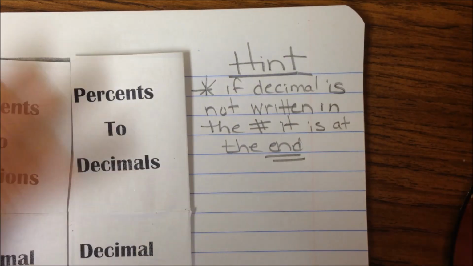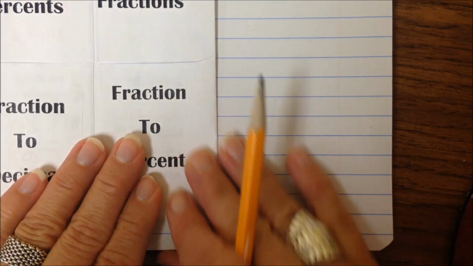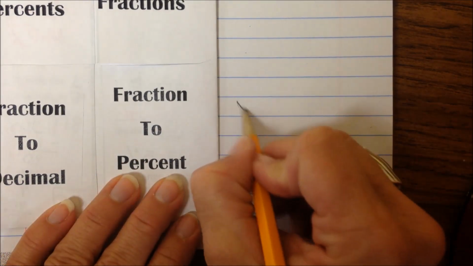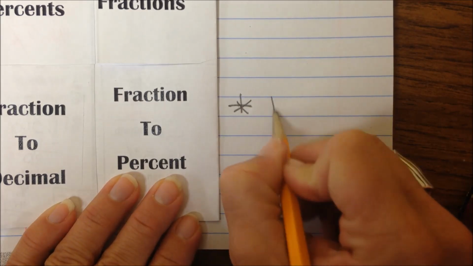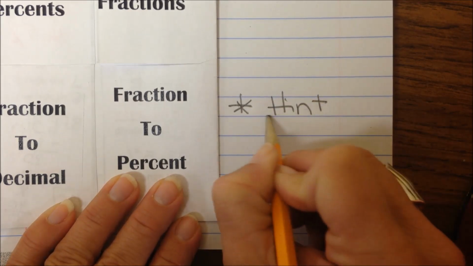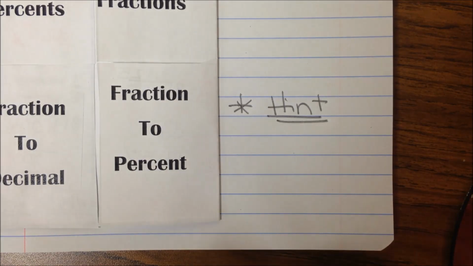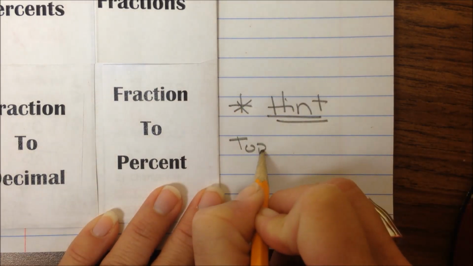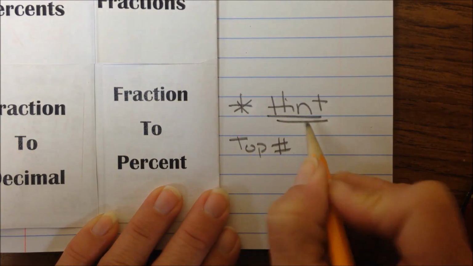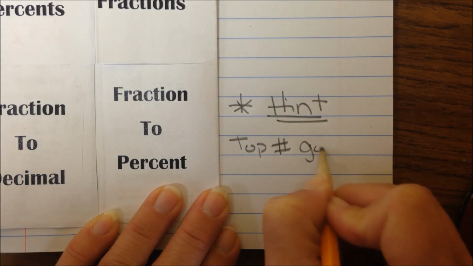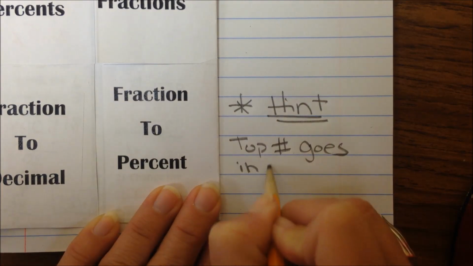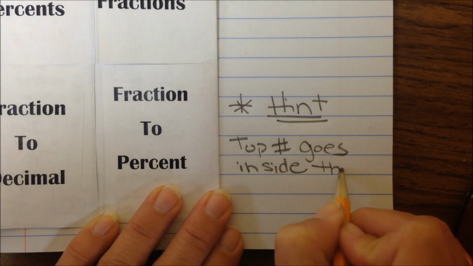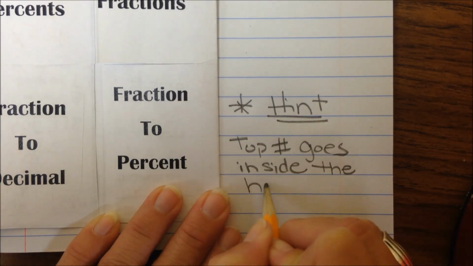The other hint that I'm going to put on here is down towards the bottom because it deals with fractions and decimals. And always remember, top number, or the numerator, goes inside the box or the house.